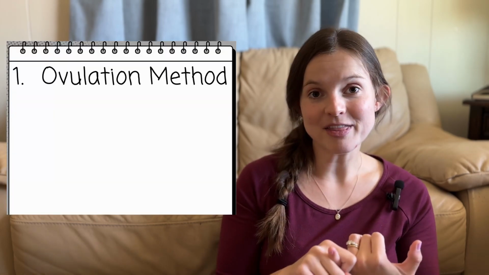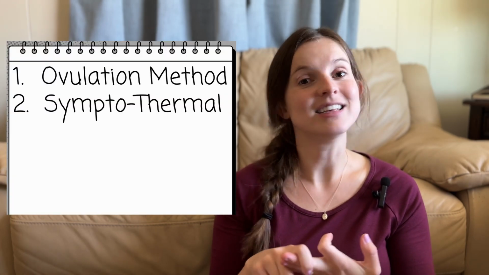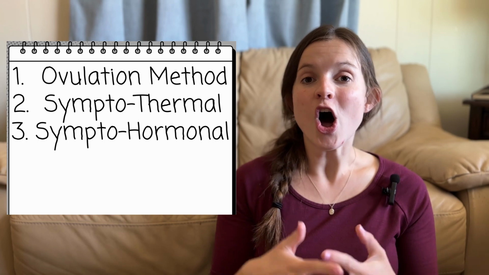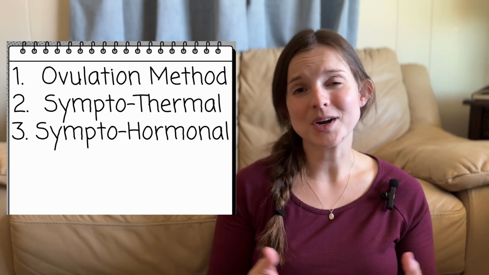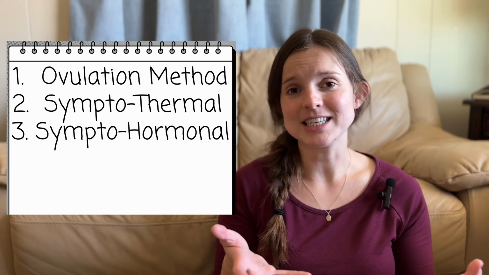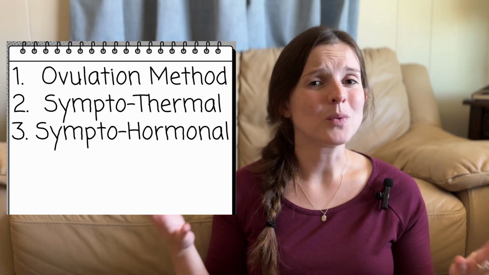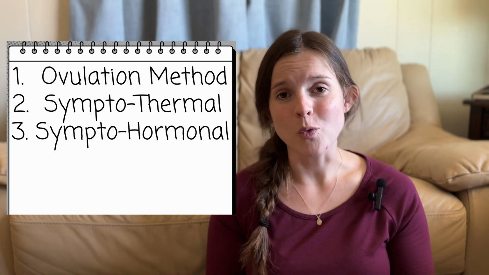But those are the three main types of natural family planning. So again, we have the ovulation methods, the sympto-thermal methods, and the sympto-hormonal methods. All of these methods across the board have around the same efficacy rates, and it's really just whatever method best works for your lifestyle.